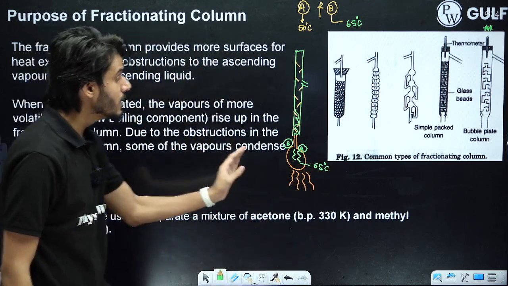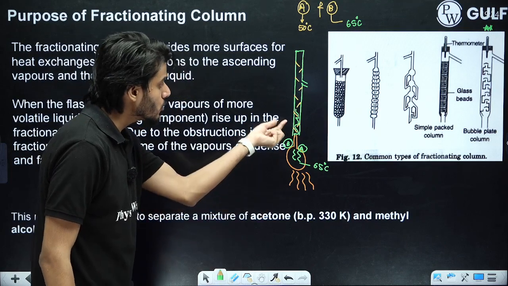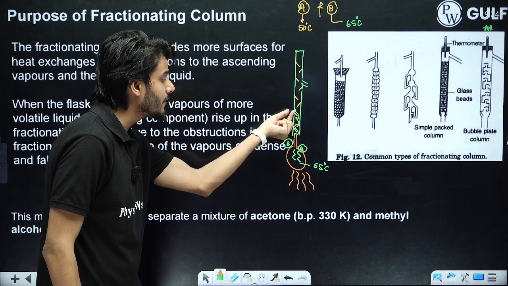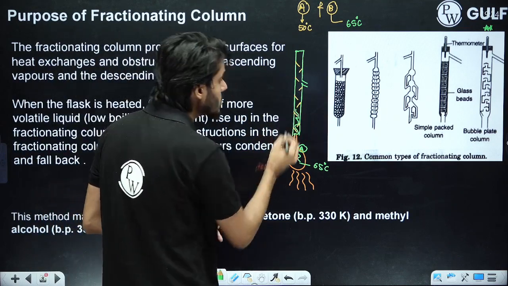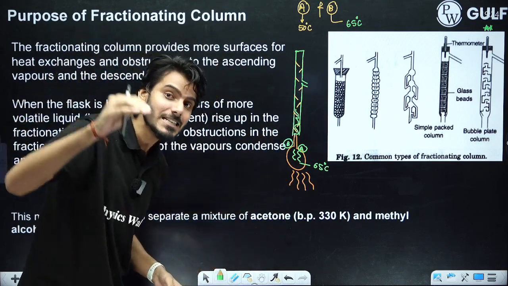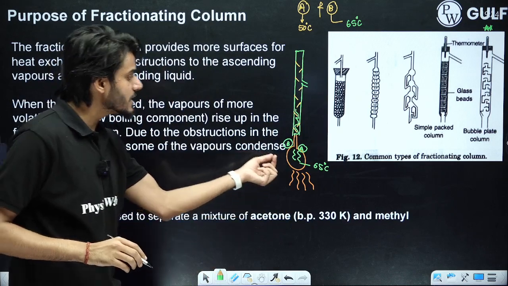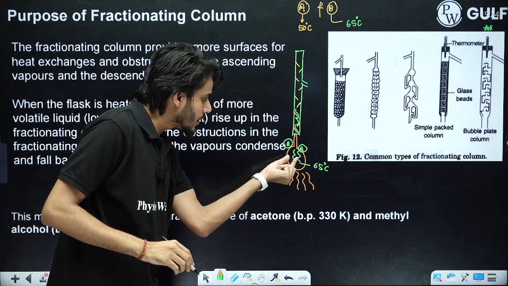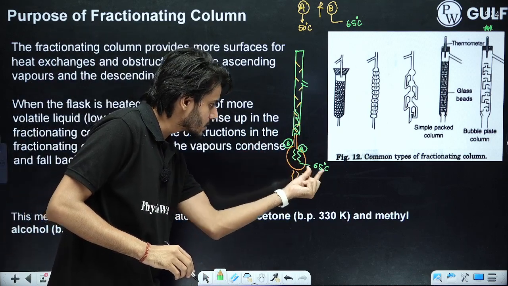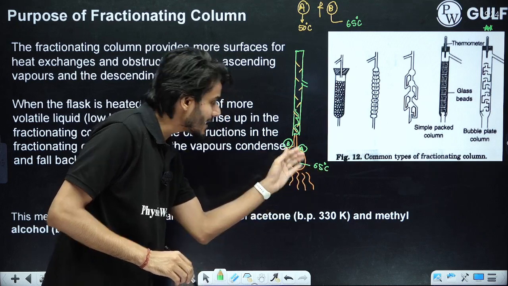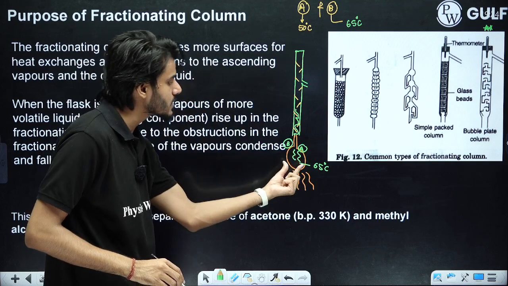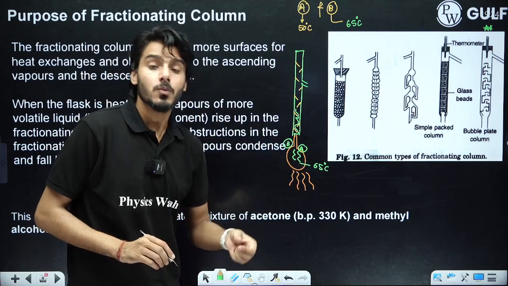But when they have to go through a lengthy process, having some obstacles, the temperature of these vapors will start to decrease again, because the place where it is 65 degrees Celsius is the heat source.